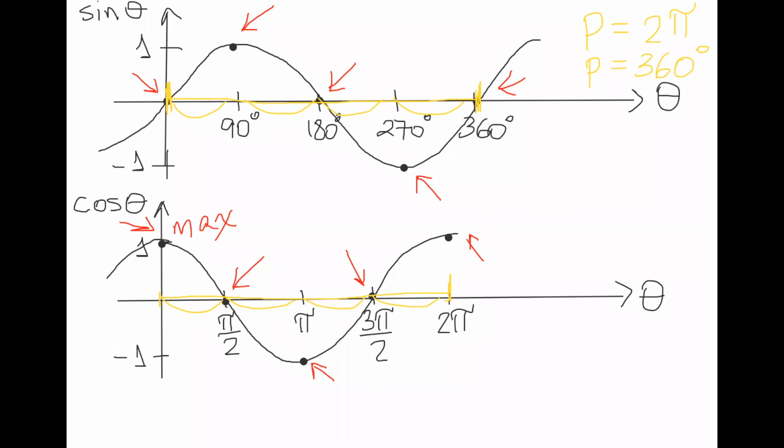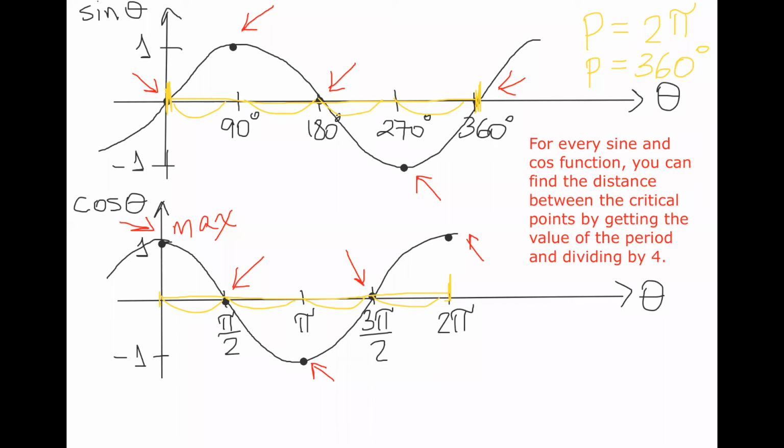And this is a very important piece of information because once we start changing the period, we're going to have to find the distance between the critical points. For every sine and cosine function, you can find the distance between the critical points by getting the value of the period and dividing by 4.